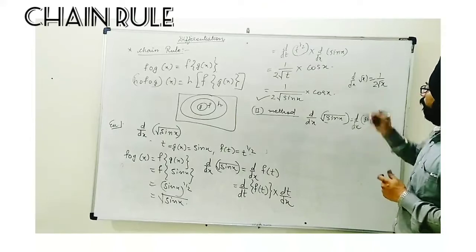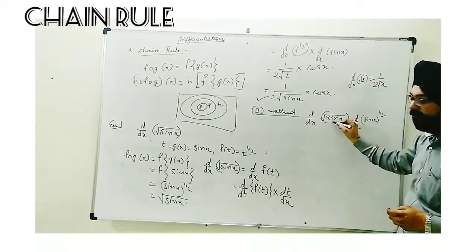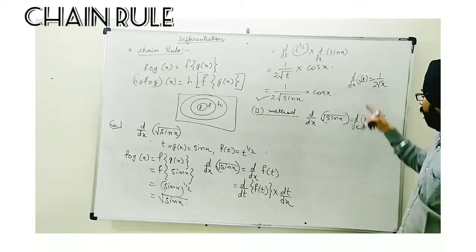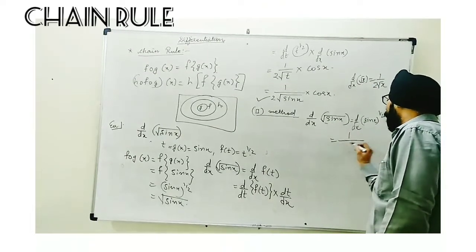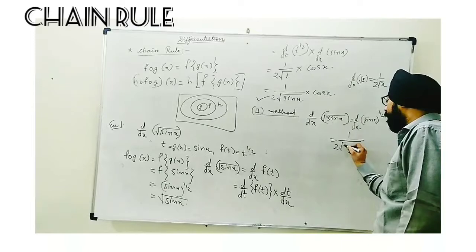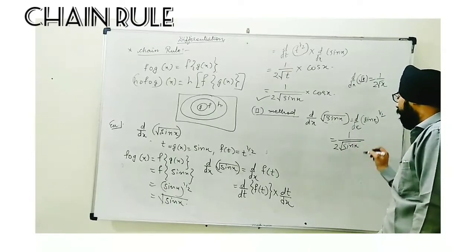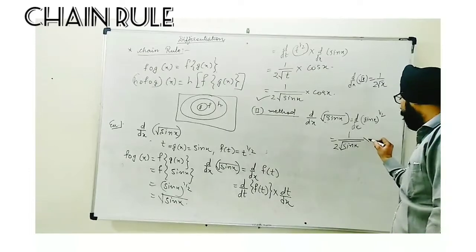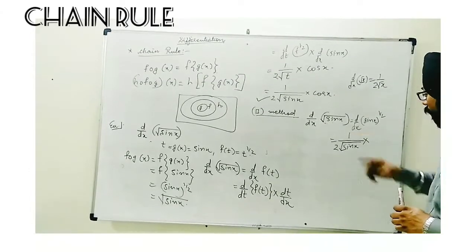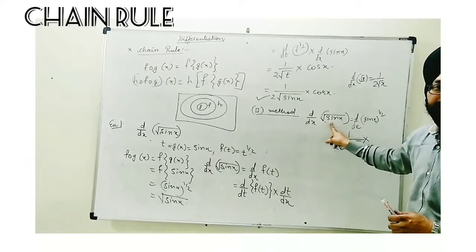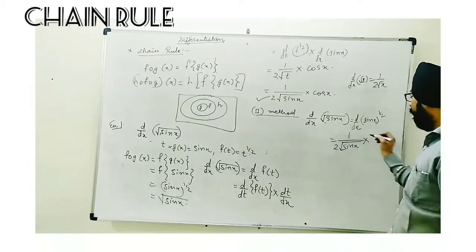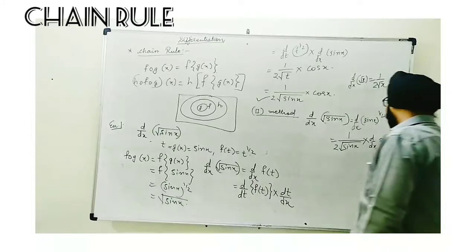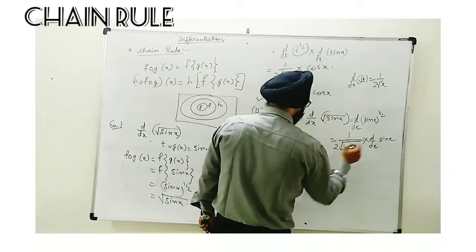In place of x we are given sin x. So first of all, when I operate the root, this will be written as 1 upon 2 root sin x. Now this square root we have operated, put a multiplication sign. Now go to the next function, which is sin x. Now what is the differentiation of sin x? It is cos x.